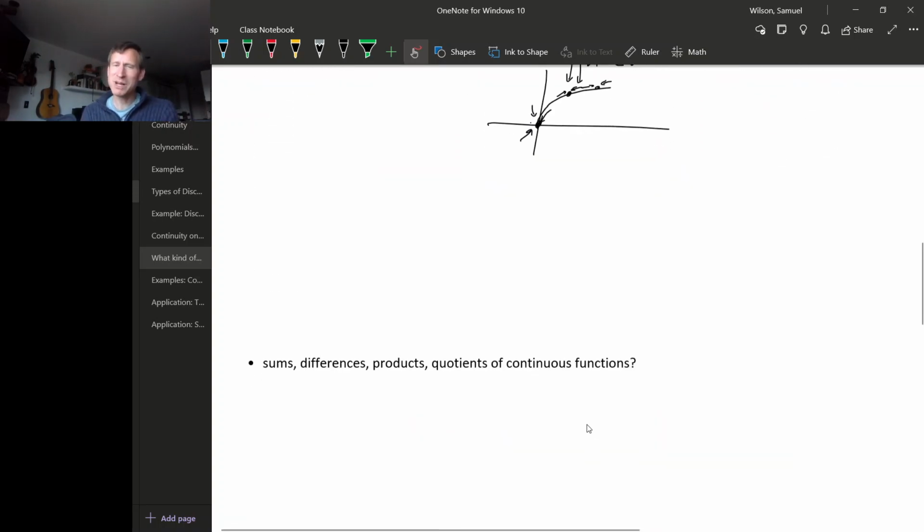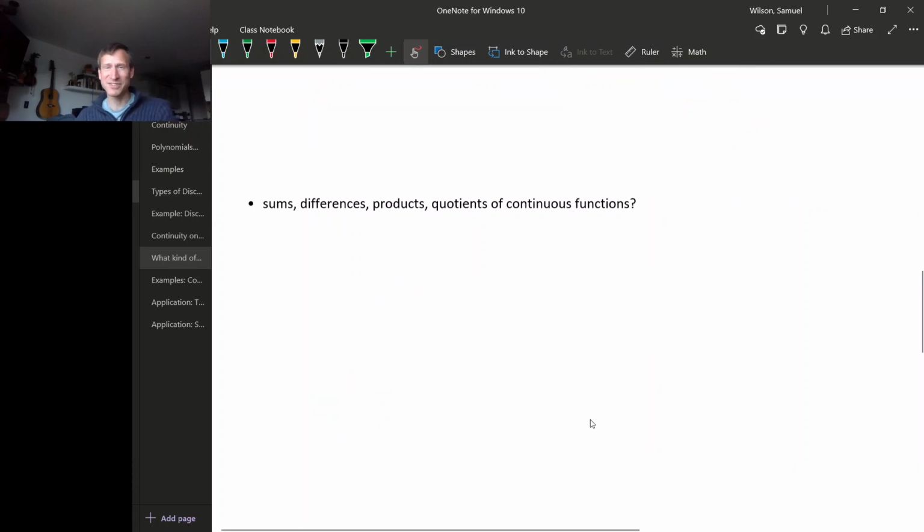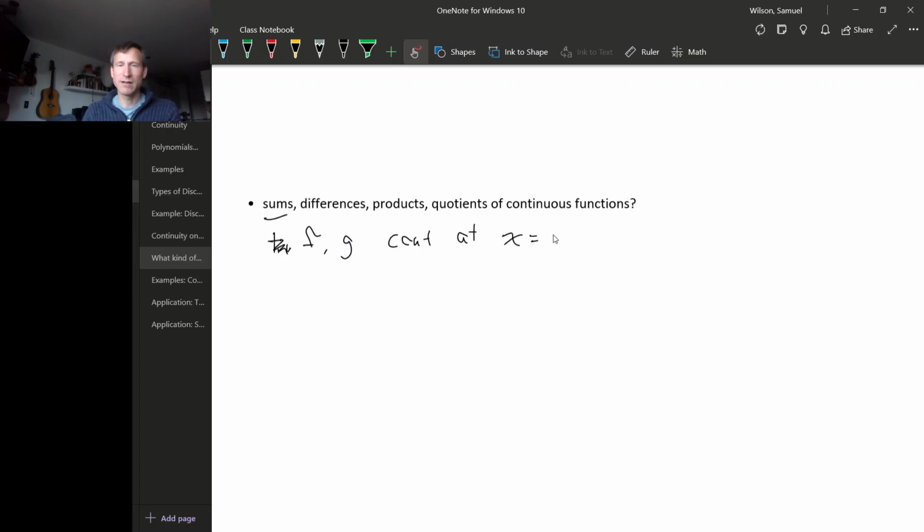All right, what about sums, differences, products, and quotients of continuous functions? Well, let's look just at sums. The arguments for differences, products, and quotients are essentially the same. So let's suppose that f and g are both continuous at some x value a.